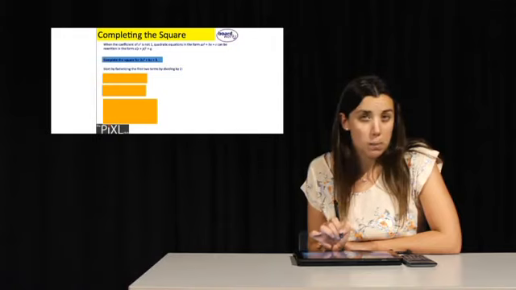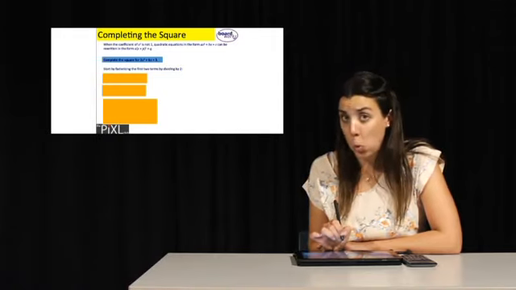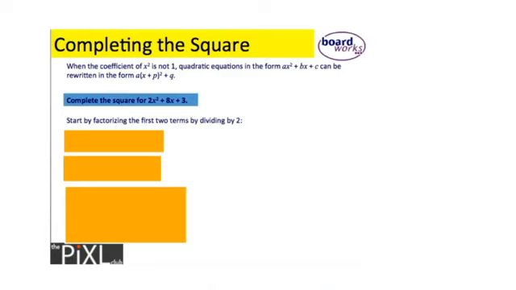Sometimes, like with our last method of factorisation, the coefficient of x squared is not always 1. When the coefficient of x squared is not 1, quadratic equations in the form as we had before, ax squared plus bx plus c, can be rewritten in the form a outside the bracket, x plus p, all inside the bracket squared, plus q.